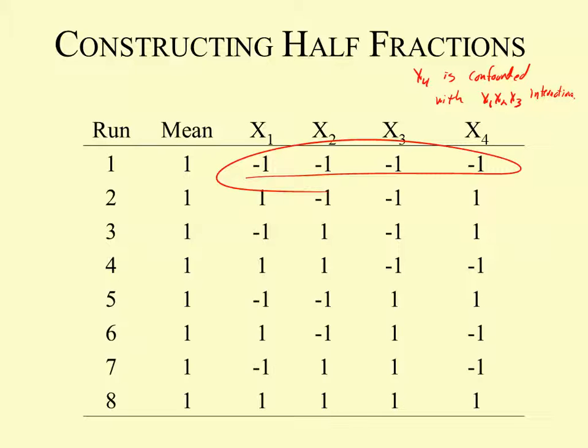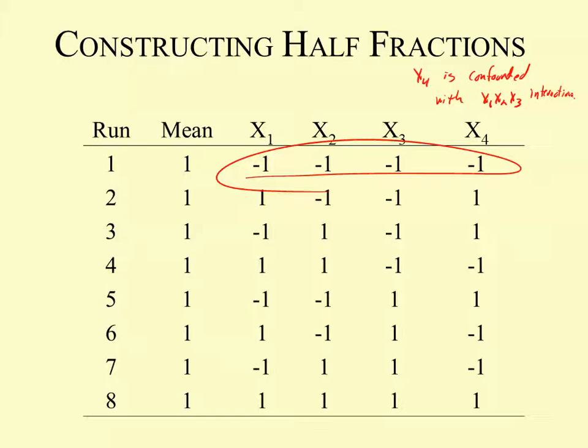But we have confounded other things as well. In a 2 to the 4th experiment, you can calculate 16 things, 15 effects and a mean. If we only have 8 experiments and we're going to calculate 16 things, our confounding is going to happen in groups of 2.